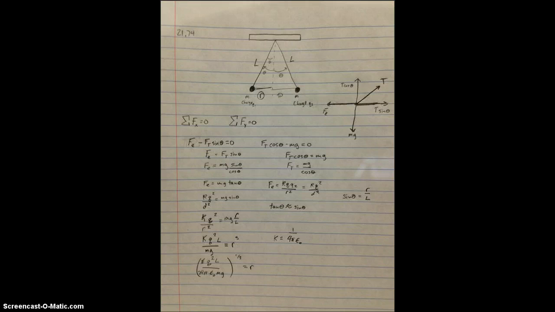And then since I knew we were going to need the electric field, I wanted to keep that in when I did some substitutions. So that's why I solved for force of tension and plugged that back in, yielding force of the electric field is equal to mg times sine of theta over cosine of theta, which simplified to force of the electric field is equal to mg tangent of theta.